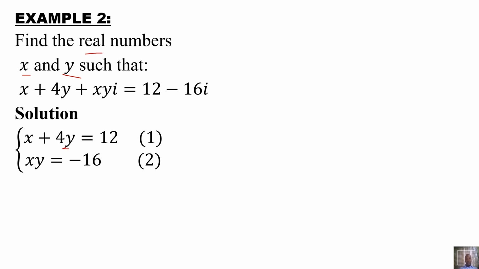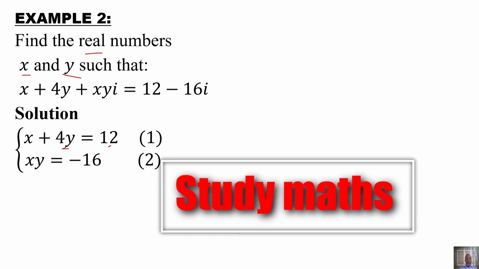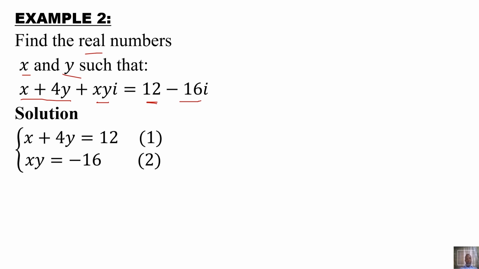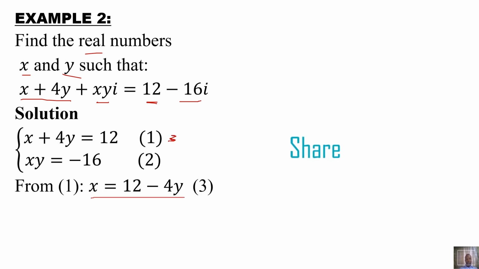That is to say, x plus 4y equals 12 and xy equals minus 16. We have two simultaneous equations. We have to find the values of x and y. Let us use the substitution method.